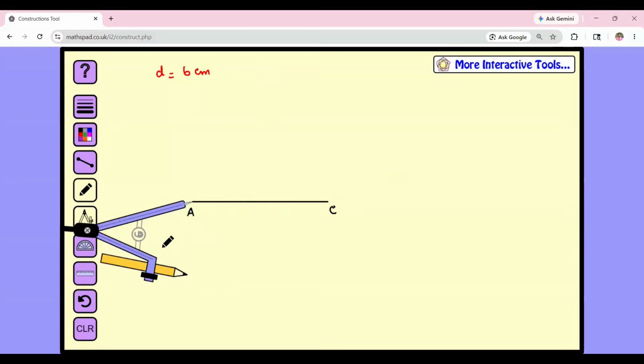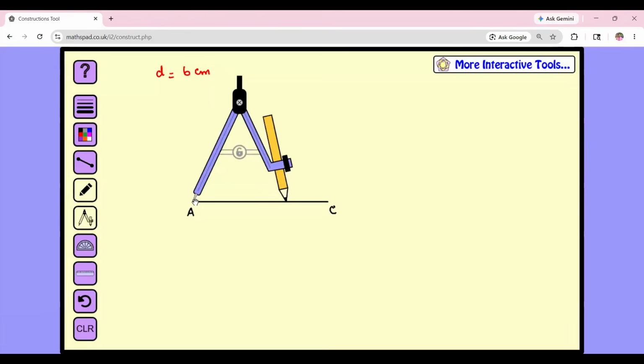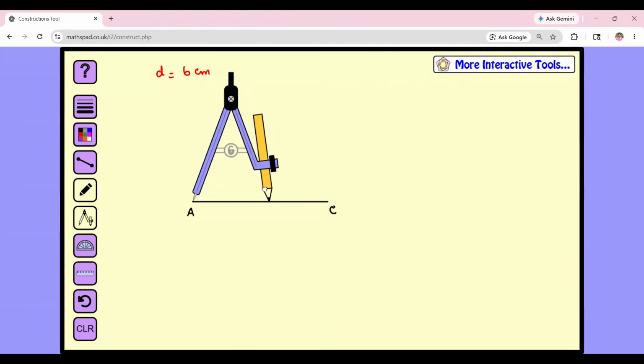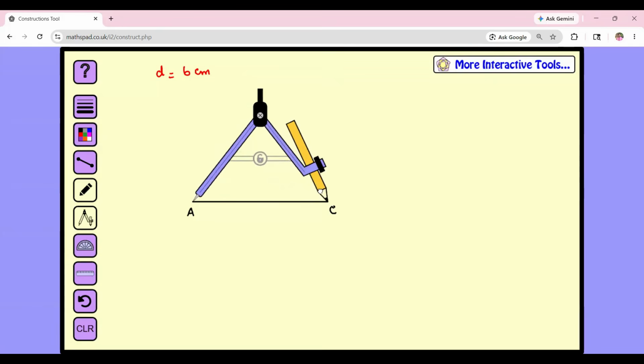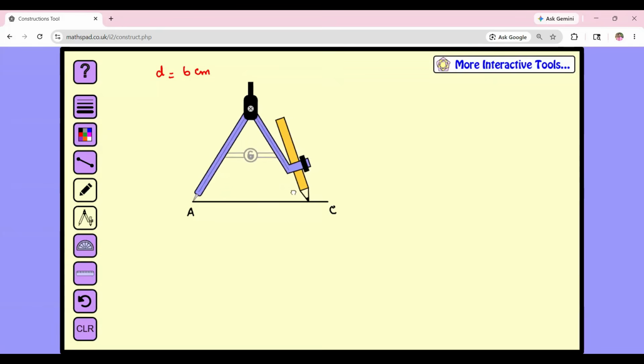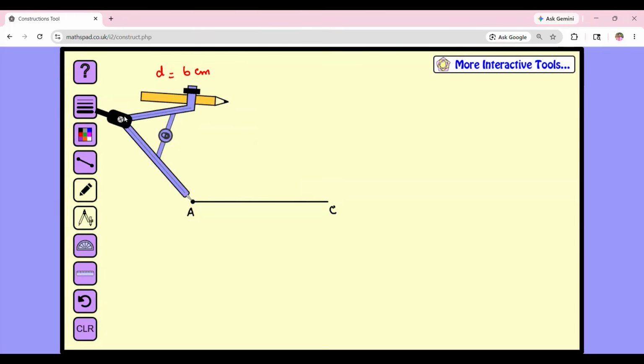The first step is to keep the pointer on A. Take more than half, approximately. Just open your compass to more than half. Take more than half in your compass and draw an arc up and down.